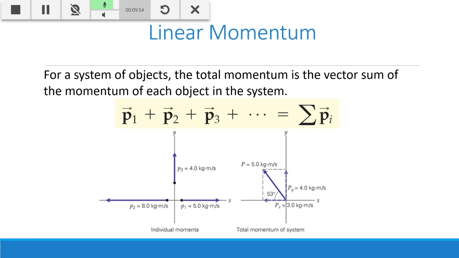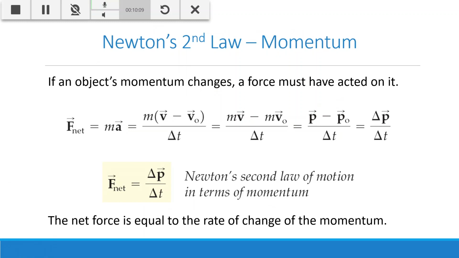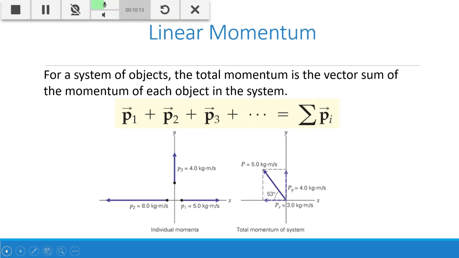Now the next topic we need to discuss is what happens when you have a system of objects. We can talk about the linear momentum of a single object or of multiple objects. When we're looking at multiple objects, we can define the momentum of a system. For the system of objects, our total momentum is just a vector sum of the momentum of each object.